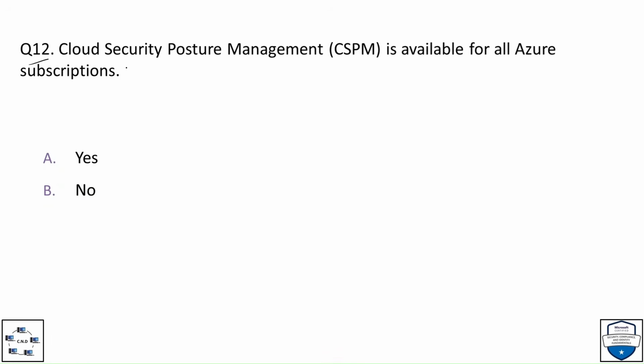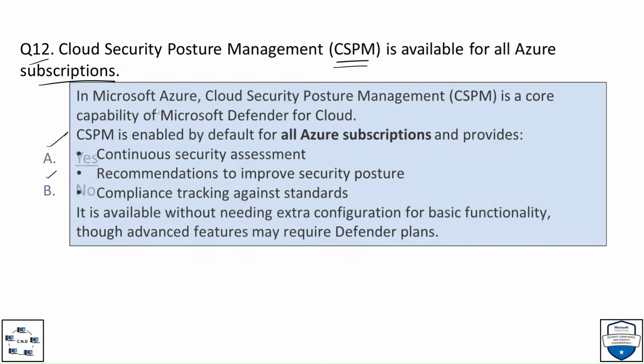Question number 12, Cloud Security Posture Management, that is CSPM, is available for all Azure subscriptions. And the options are again option A yes and option B no, and the correct option is yes. So yes, Cloud Security Posture Management or CSPM is available for all Azure subscriptions.